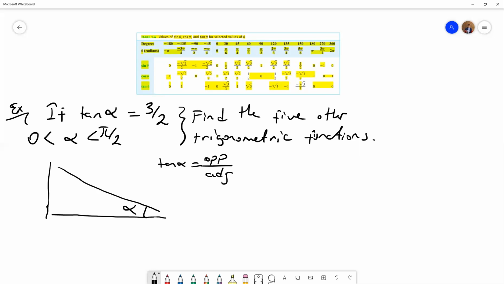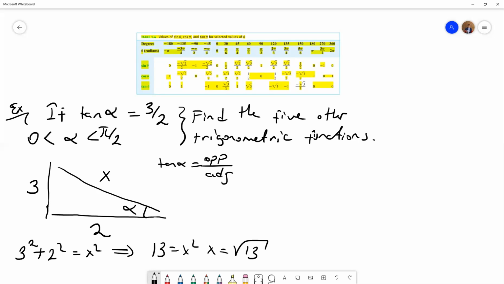So opposite of alpha is 3 and adjacent of alpha is 2, and we have to find this x. So finding the x, we can use the Pythagorean theorem: 3 squared plus 2 squared is equal to x squared. So here 9 and 4 is 13, and x is equal to square root 13.